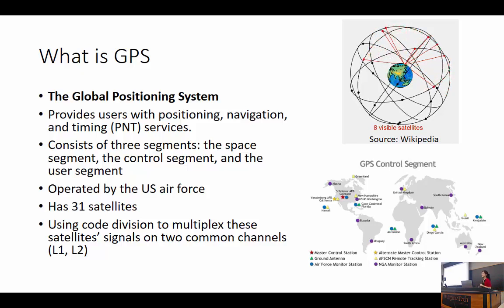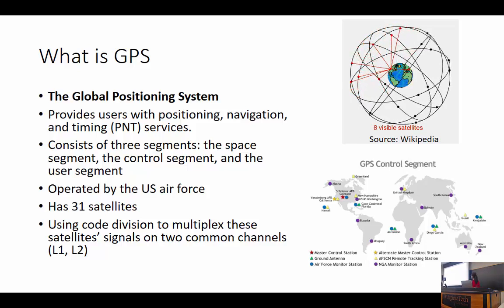The space segment is formed by 31 satellites orbiting around the Earth, and the animation shows their constellations. And it ensures that any time, anywhere on the Earth, at any moment, there are at least 5 or 6 satellites that are simultaneously available to the view of the GPS receiver.